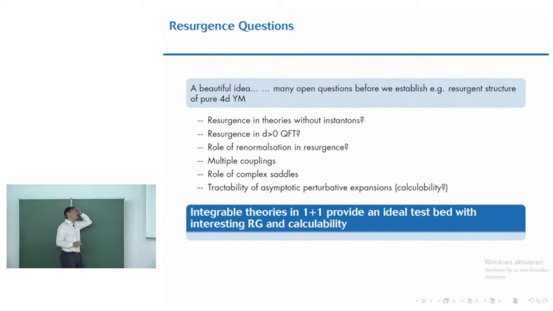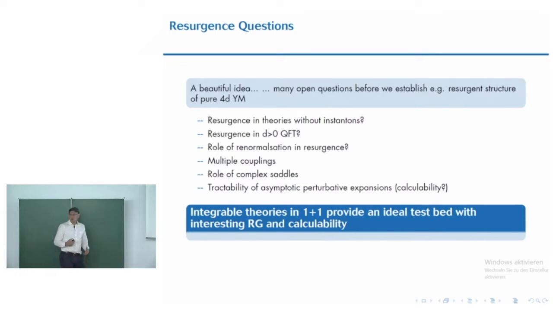Okay, so look, I think this idea is beautiful, but there are many open questions. I think if you could expose the resurgent structure of 4D Yang-Mills, you'd be a rich person. But before you can do that, there's quite a few things, which is, what about theories without instantons?